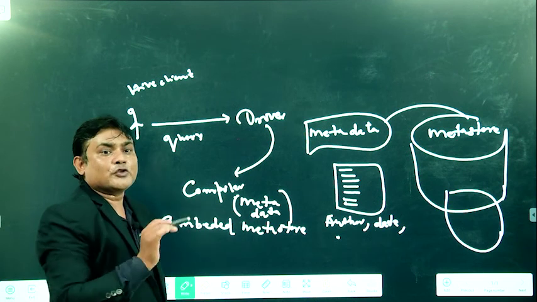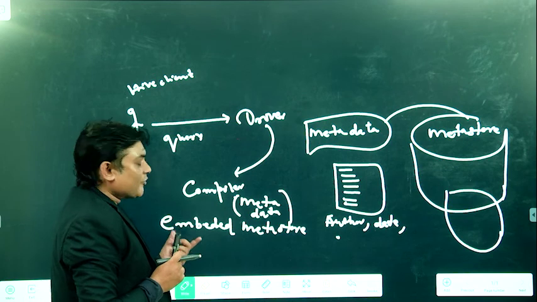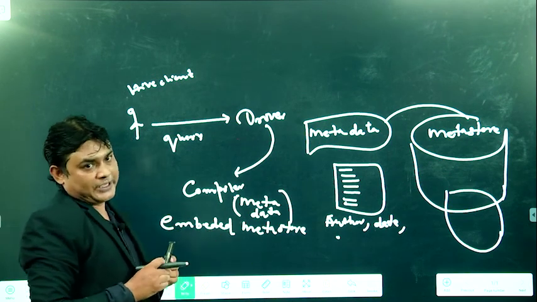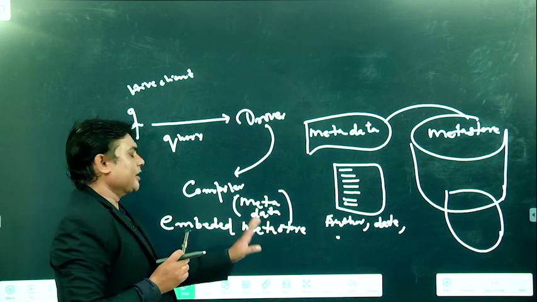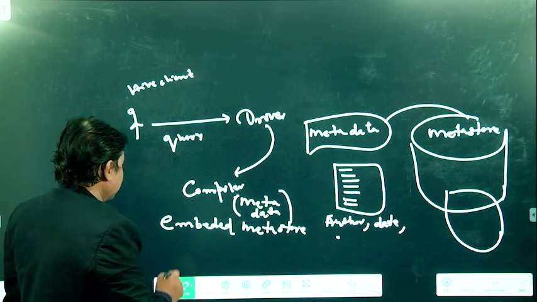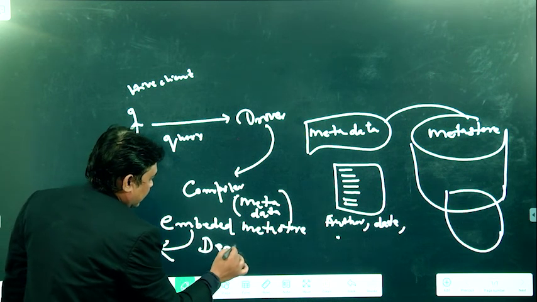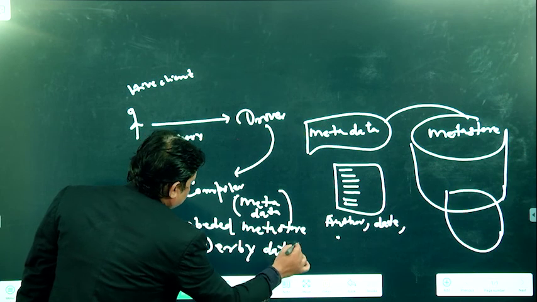So whenever you install Hive, we get one category of metastore, which is called the embedded metastore. By default, this metastore will be available. In this embedded metastore, we have one database, which is called the Derby database.